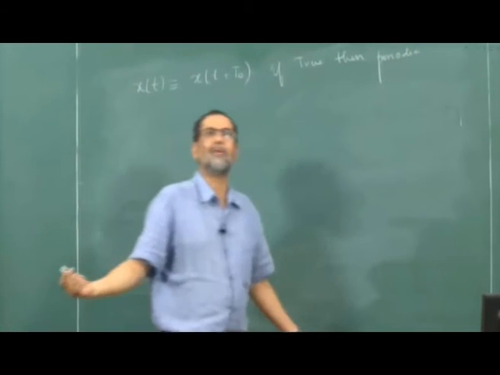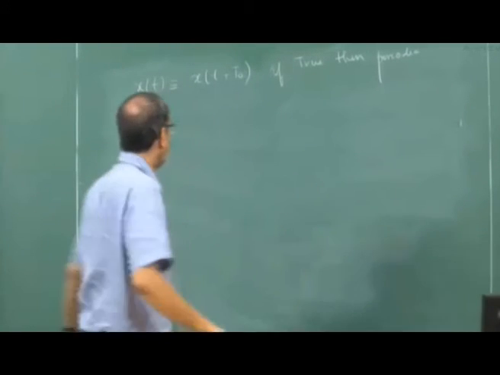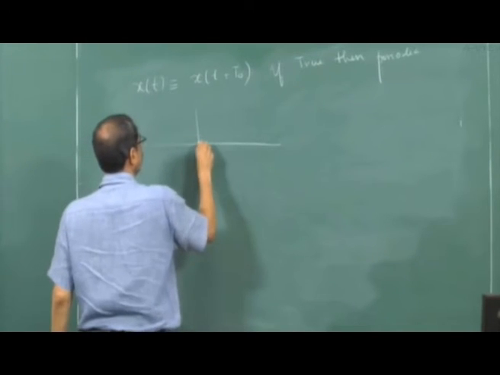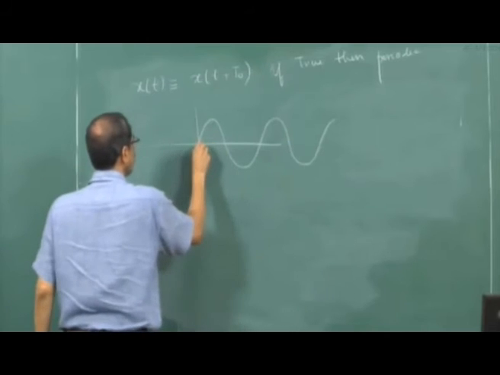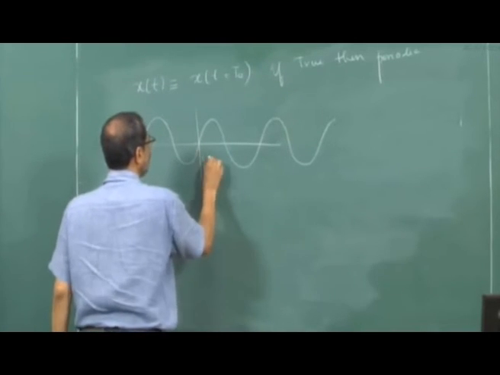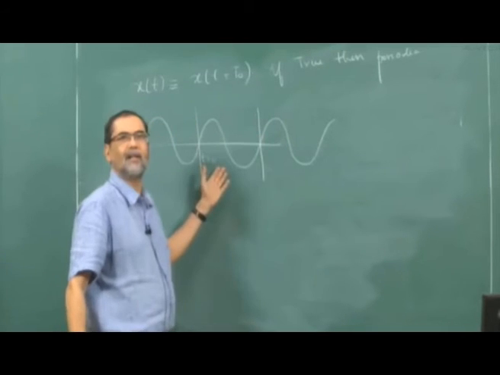I can't make out x of t when I delay it. So take the example of a sinusoid. Let's say this sinusoid signal goes on forever. This is t equal to 0. Let's stand here. This is identical.